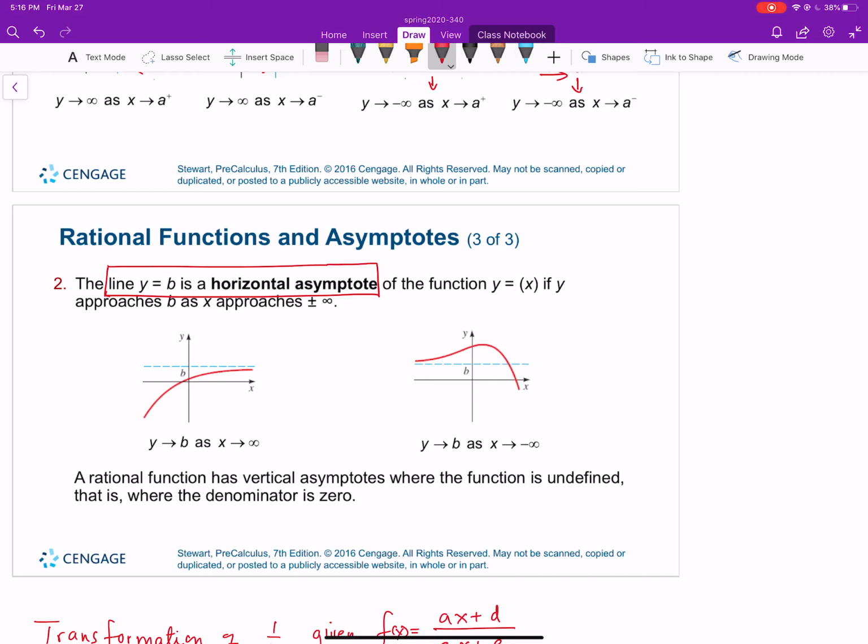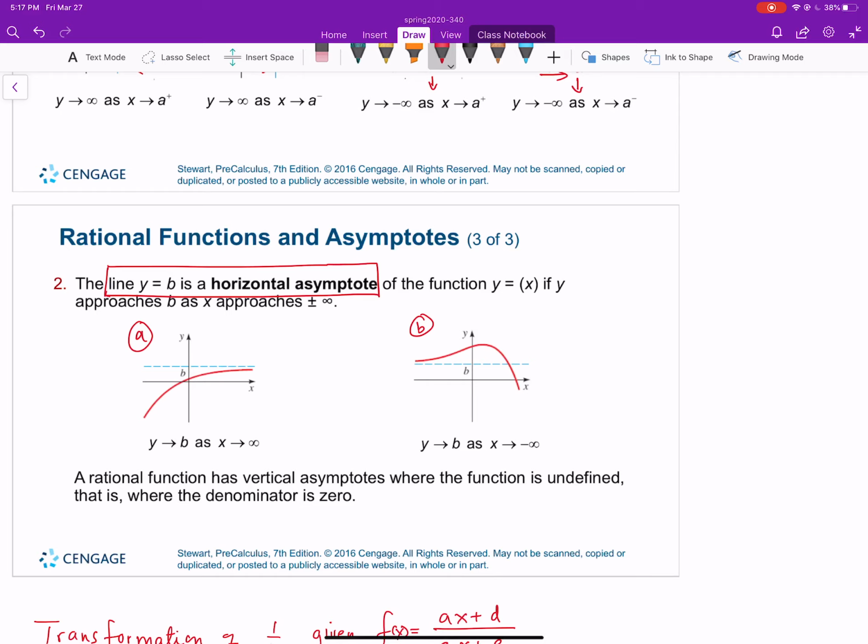So if you look at the two scenarios, in the first one, if I call that A, as you go into positive infinity, it seems like you are getting closer and closer to the line b. Whereas if you look at example B, as x goes to negative infinity, you can clearly see that y is approaching b.